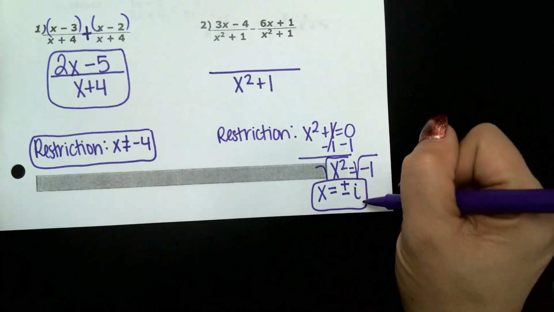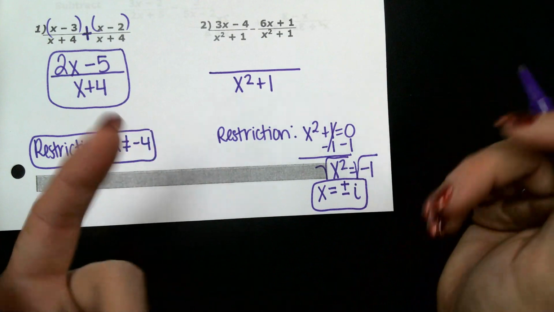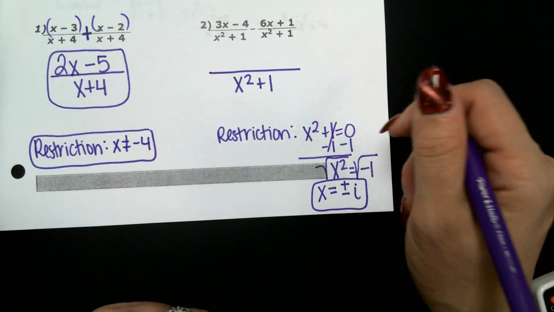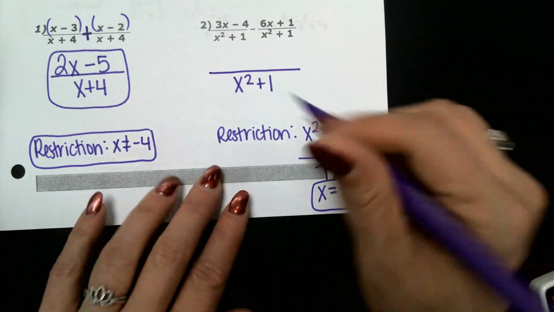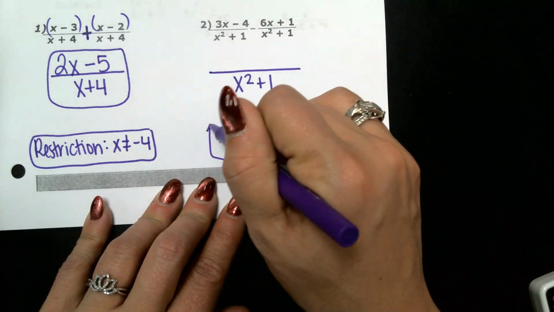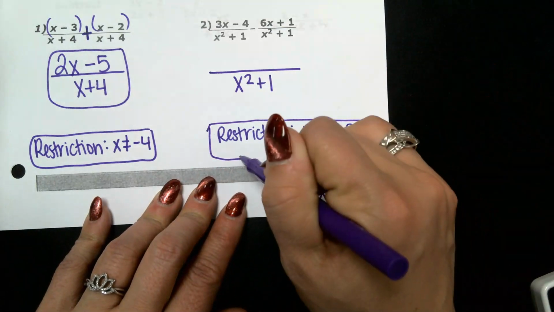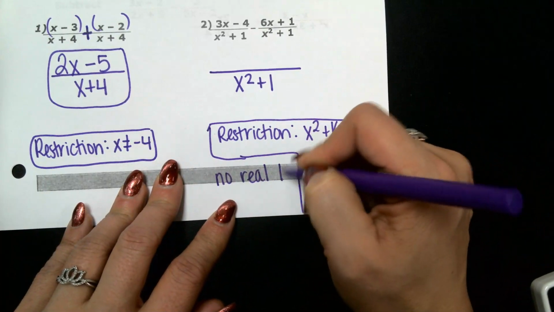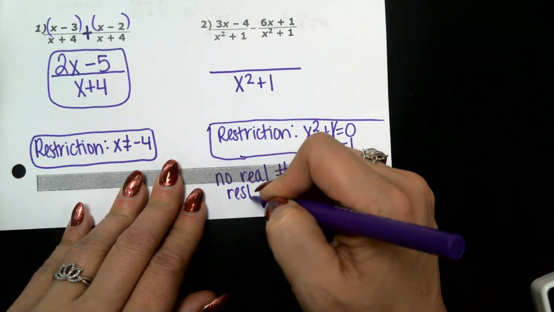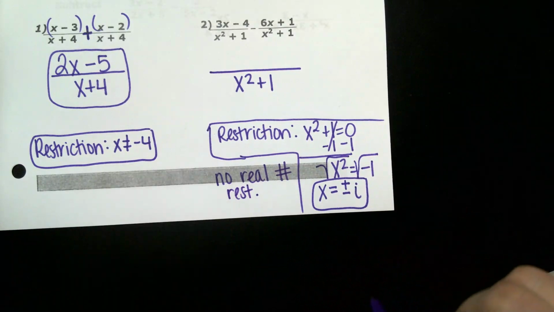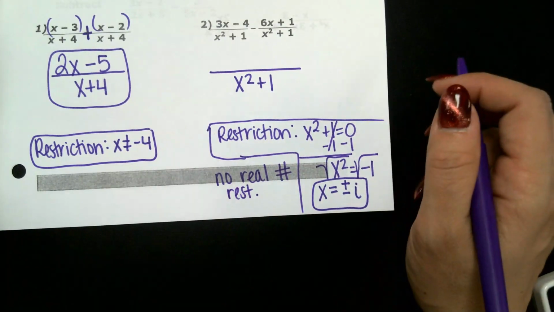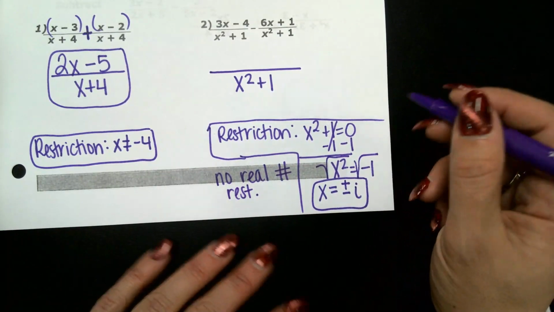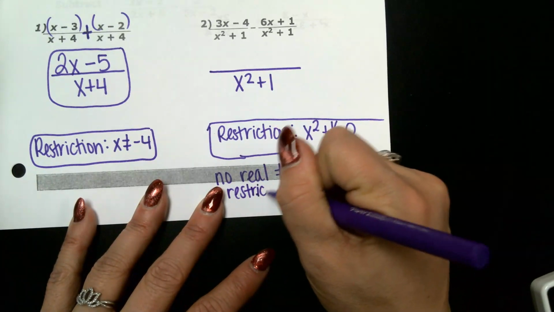The only restriction we have is the imaginary number. That's not going to happen very often. This one was just like a special case. So I'm going to write no real number restrictions. It's just imaginary. I guess I could have written the whole word.